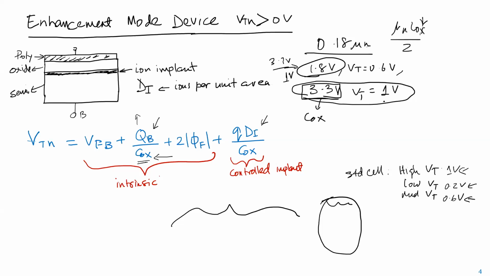Your VT will increase, but the speed will decrease. What I'm talking about is given a VDD, the same scale voltage, so my speed is constant, but I'm changing the VT. I can change the VT to 1 volt, but I have to do it through an implant. Did that make sense, Puneet?